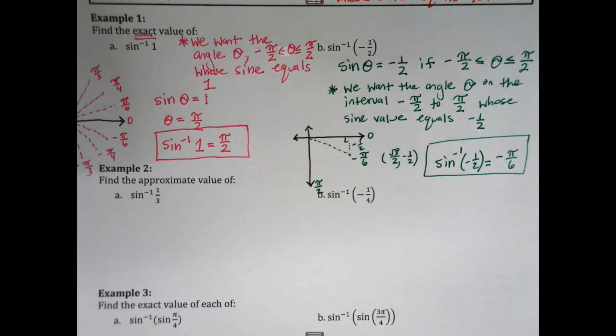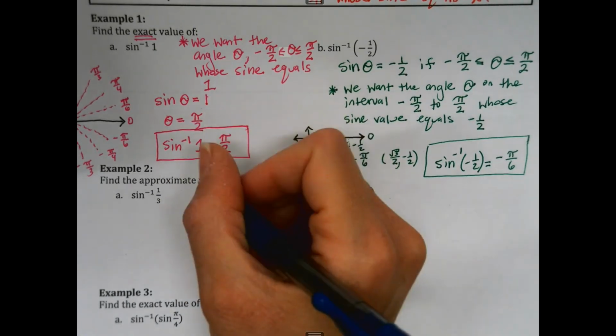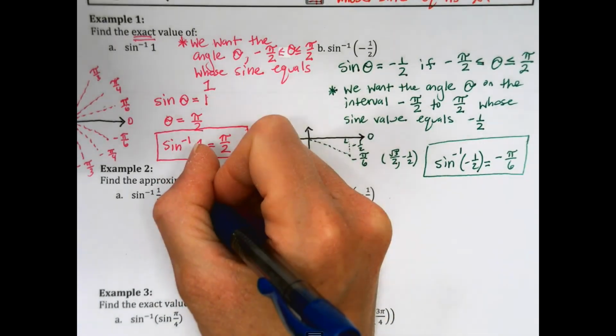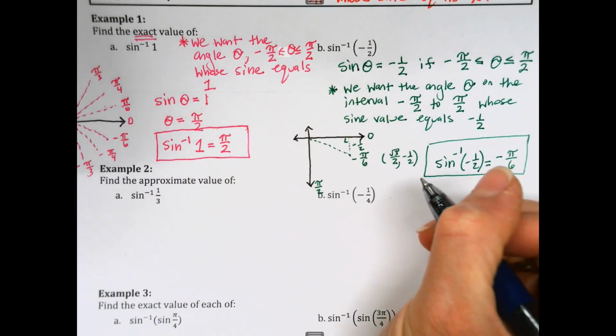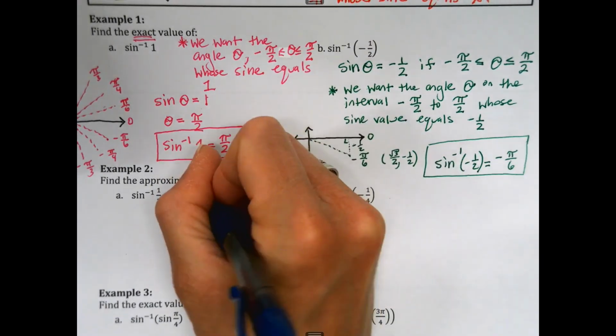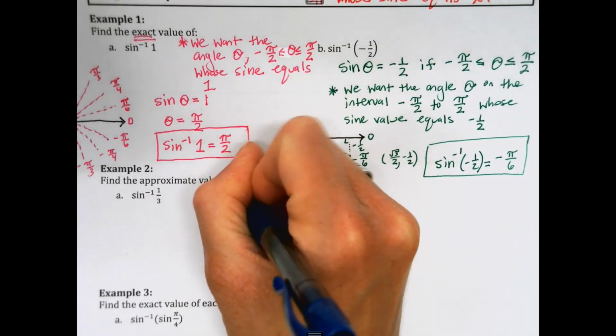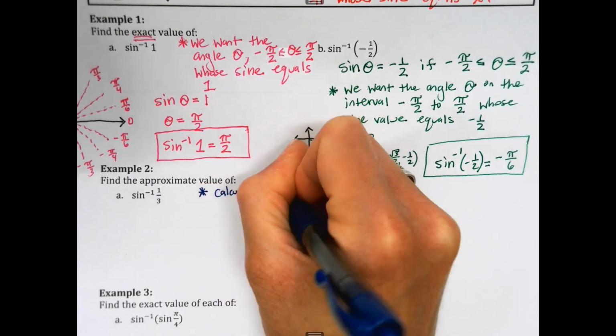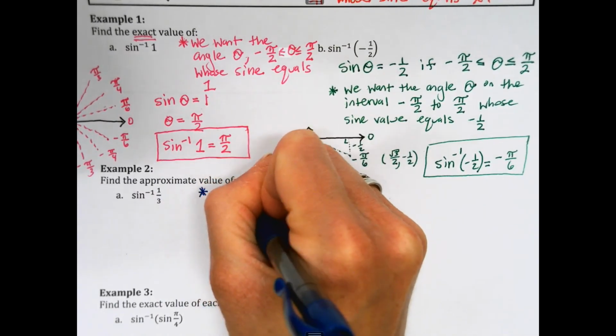In example number 2, now we are trying to find the approximate value. Therefore, we are going to be using a calculator. Whenever it says find approximate value, you're going to be using a calculator, and we want to have it in radian mode.